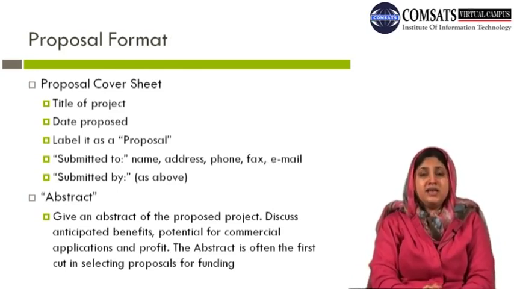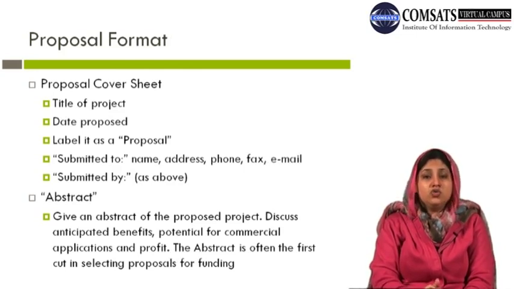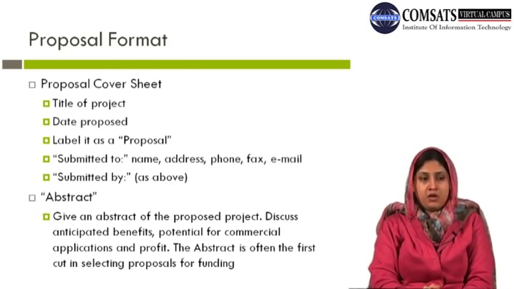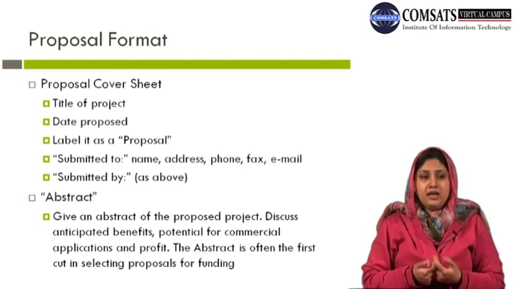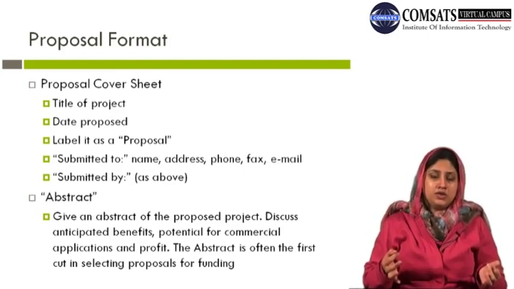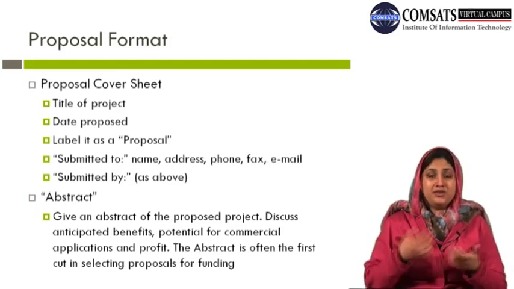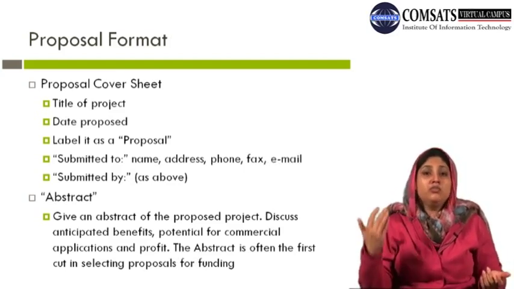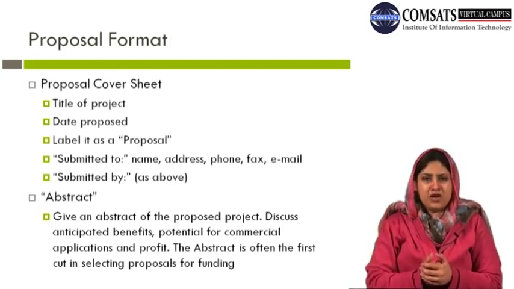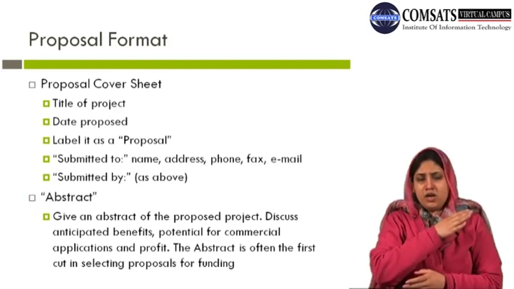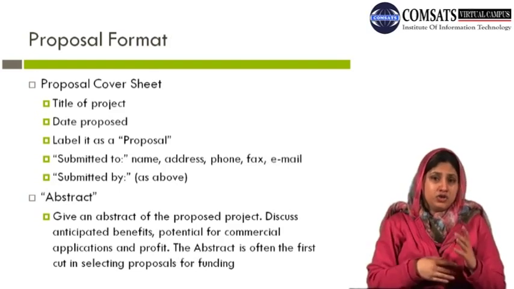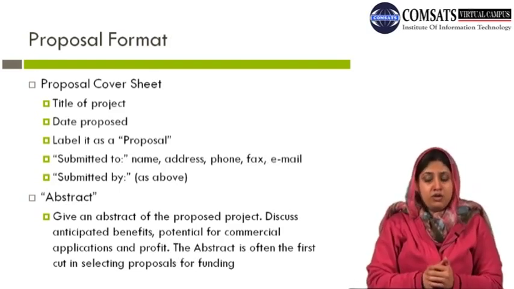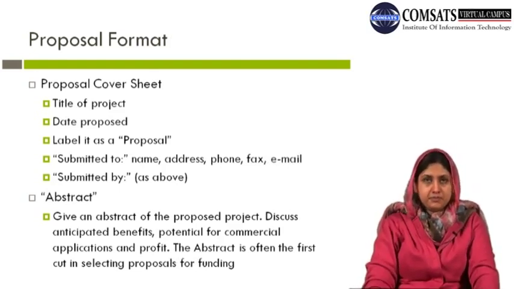So a proposal has to be a true catcher of the whole situation, because if you convince the reader to read your abstract, there are chances that he or she will read more. If by looking at the abstract, your reader is put off, then there is no chance that he or she will like to read your proposal.